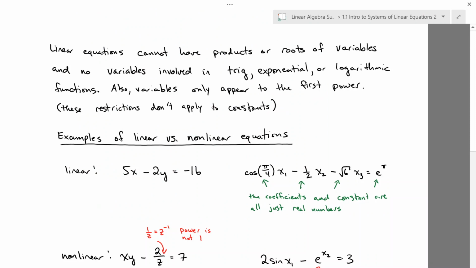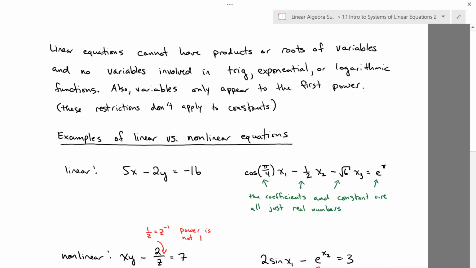Some of the other restrictions are that linear equations can't have products or roots of variables, and no variables involved in trig, exponential, or logarithmic functions, and so on. And as I said previously, variables only appear to the first power.